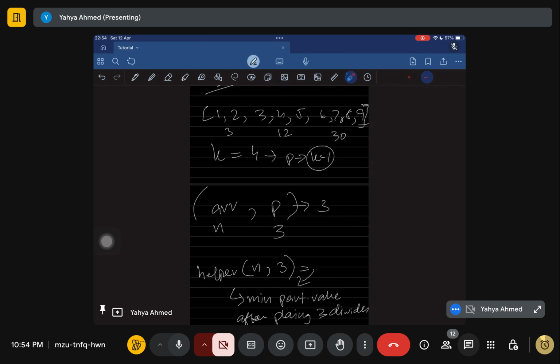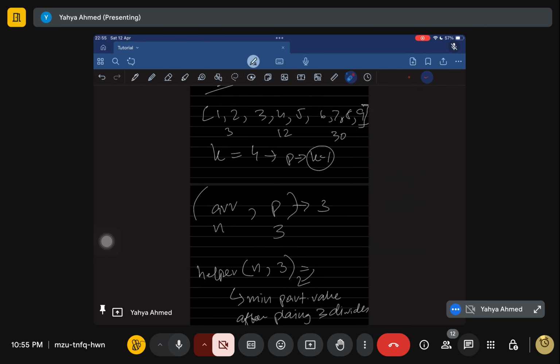Two dividers means one divider came here, the second came here, and I counted these people in the second partitioning. So basically, up till this range was divided into 2 partitions optimally, or this range was divided into 2 partitions optimally.